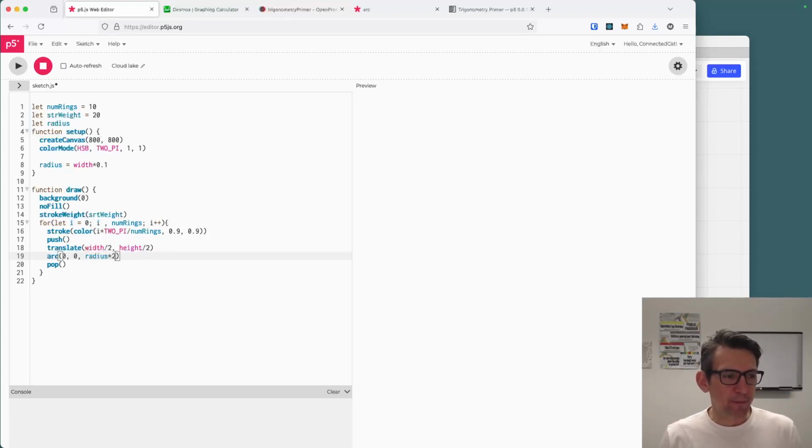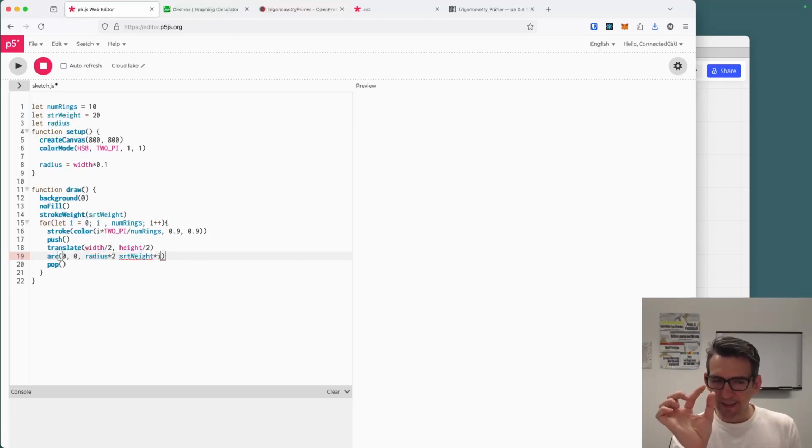So we are going to do the following. There's going to be, let's just put a space here. So I'm going to say stroke weight times I. Okay, so there's going to be that, right? And so I'm not gonna do big jumps. I'm just gonna do increments.